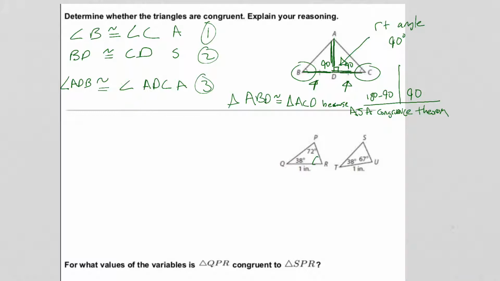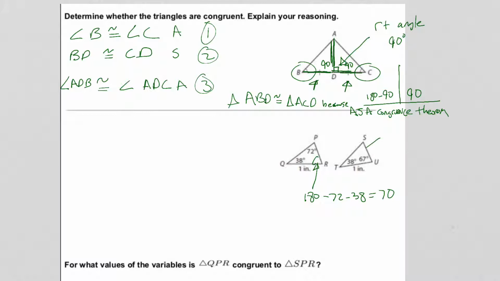So that angle right there is going to be 180 minus 72 minus 38, which is 70 degrees.